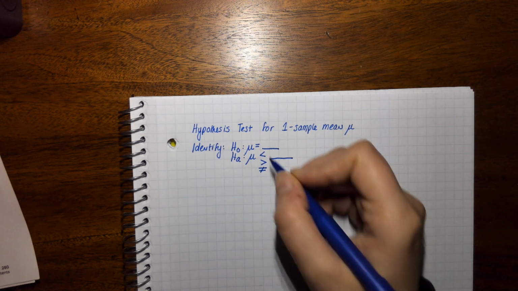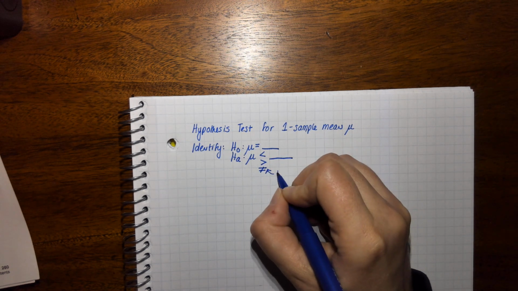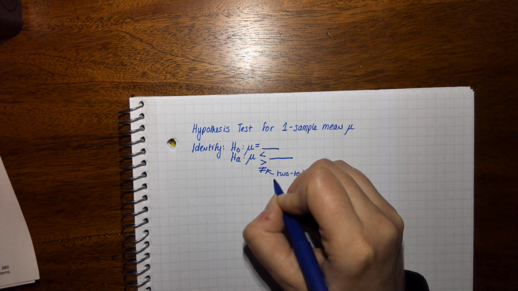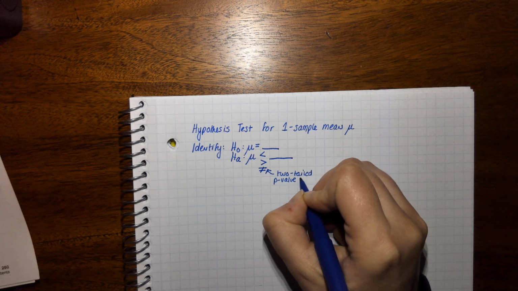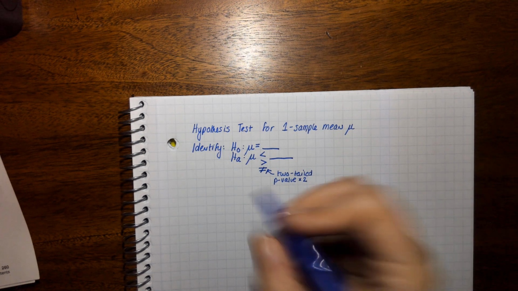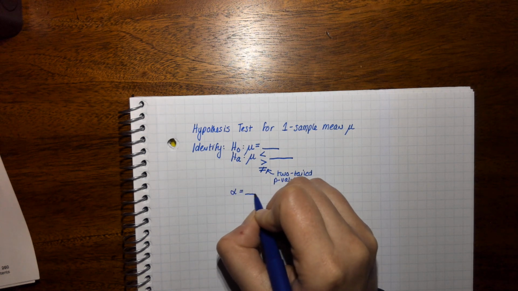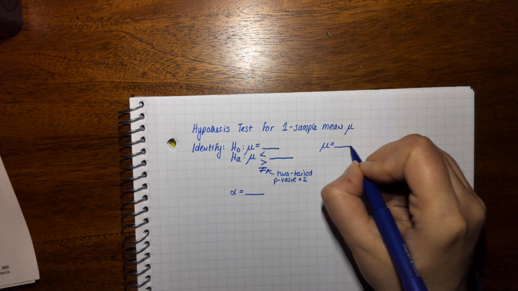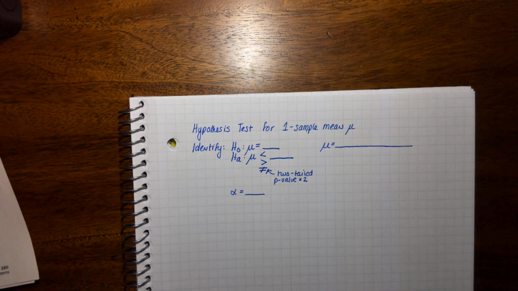These two numbers will be equal, of course. If it is not equal, this will be two-tailed, which means p-value times 2 at the end. You need to state your alpha level, and you need to state what the mean is that you are trying to estimate.